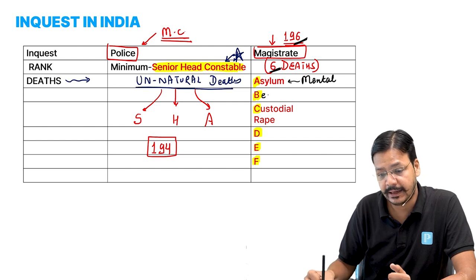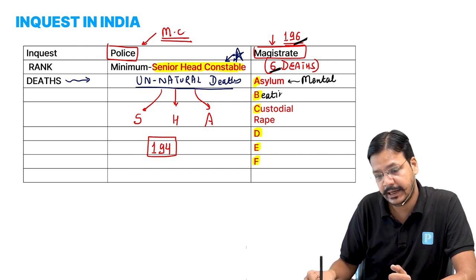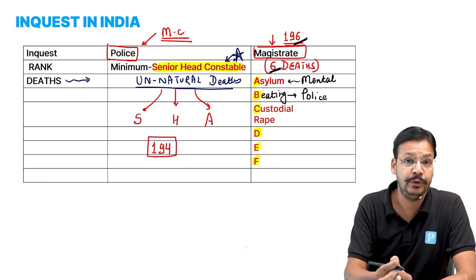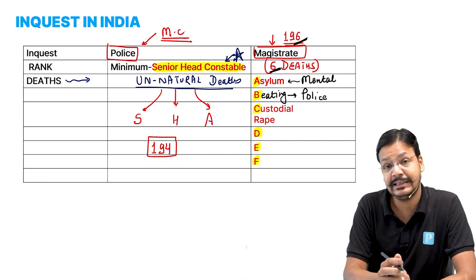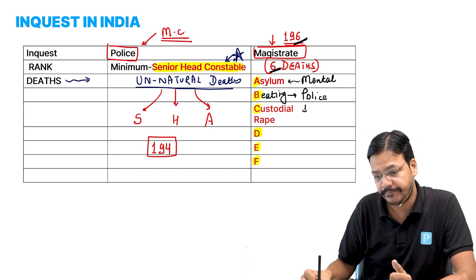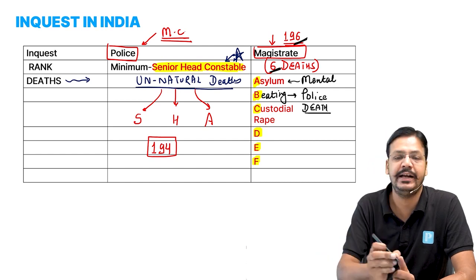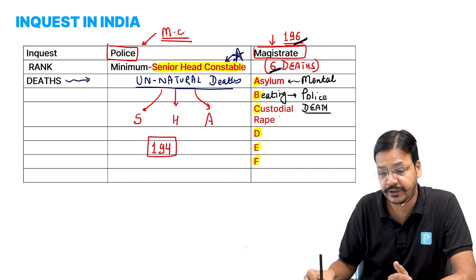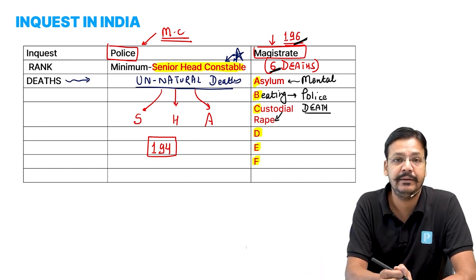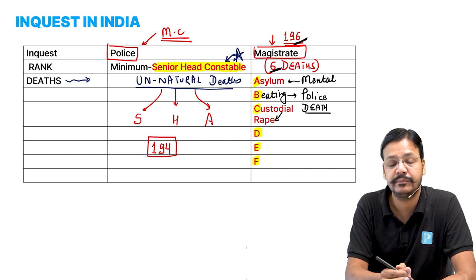Number 2 death, B, is death in police beating. Number 3 death, C, custodial death, my dear friend, or even custodial rape, there is a magistrate inquest.